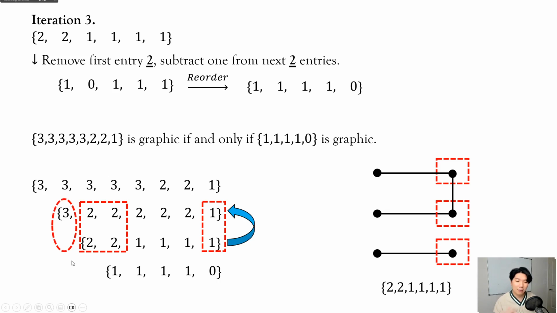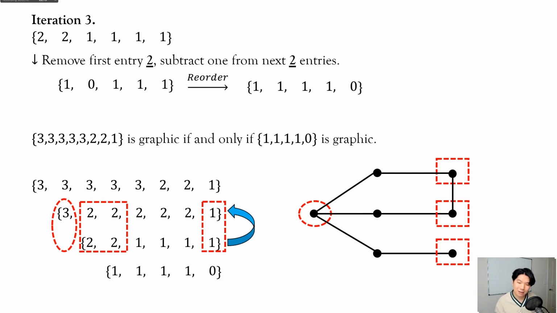Next, again, my 2nd sequence has 1 more vertex. So I'm going to add a new vertex, and since it's degree 3, it needs 3 edges. And I have 3 vertices that can be modified. Thus, I'm going to draw an edge to each one. And then I claim that this will match our 2nd sequence.